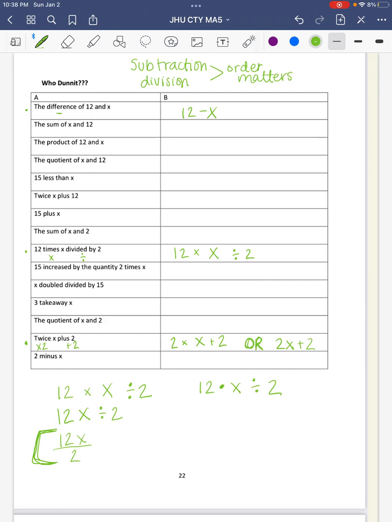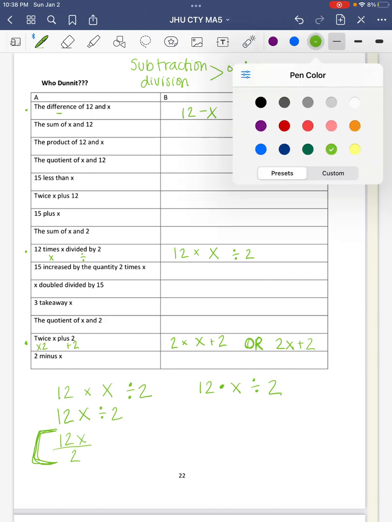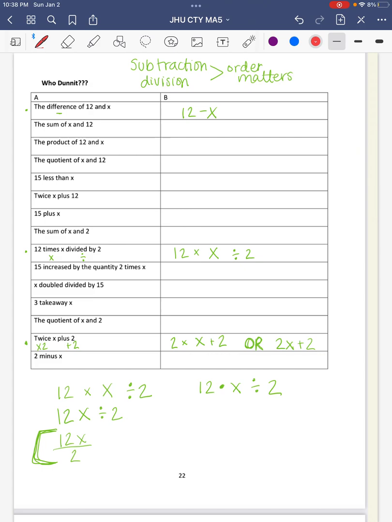Not saying that one is more correct than the other, but as you progress in math, this is going to be what people are looking for. Okay, so it's going to be a good habit to just start doing that with your variables, and they're called coefficients, the number that comes before your variable, or the number being multiplied by your variable.